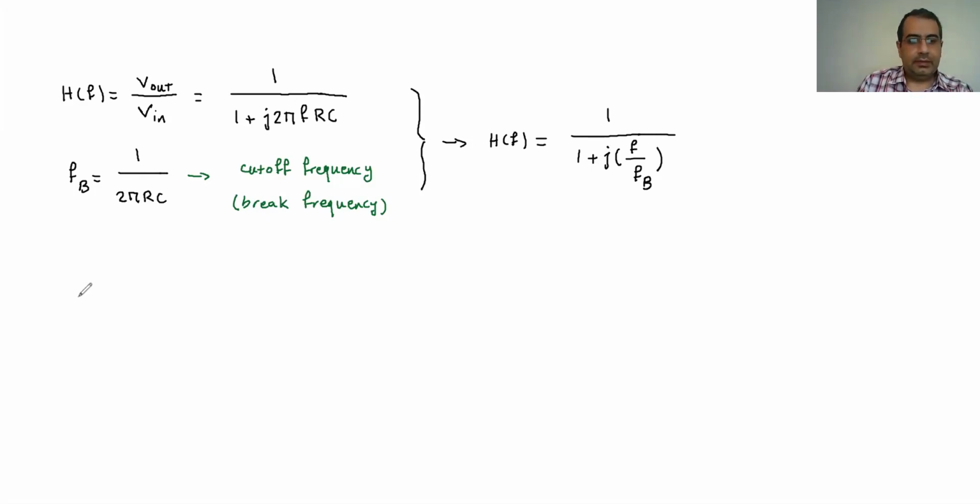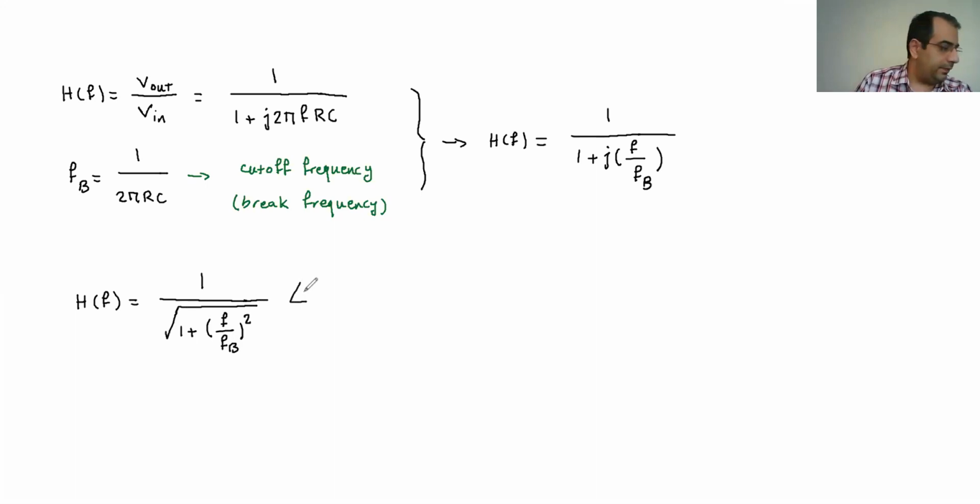Because it's a complex number, HF in polar format has a magnitude of 1 over the square root of 1 plus F over FB squared, with the angle of negative tangent inverse of F over FB.